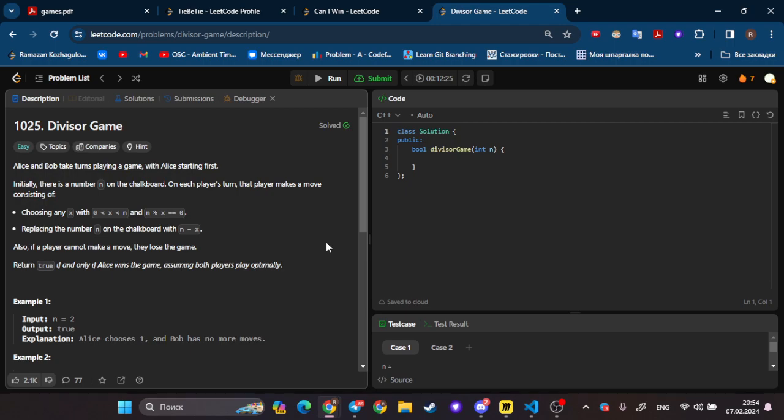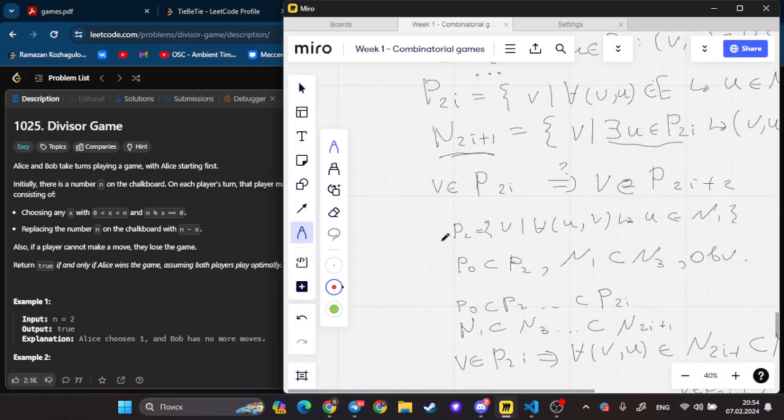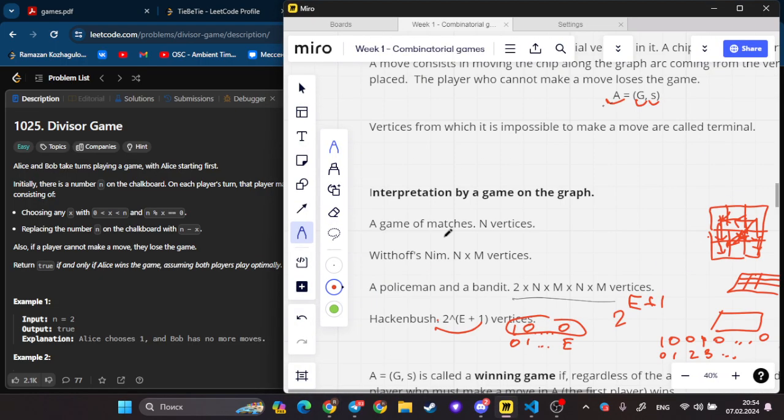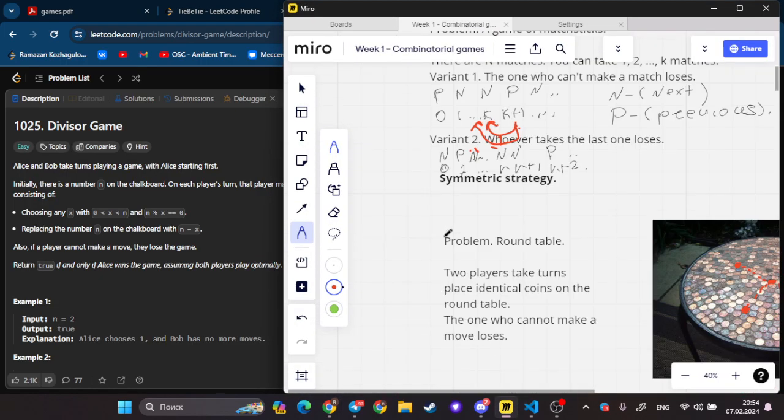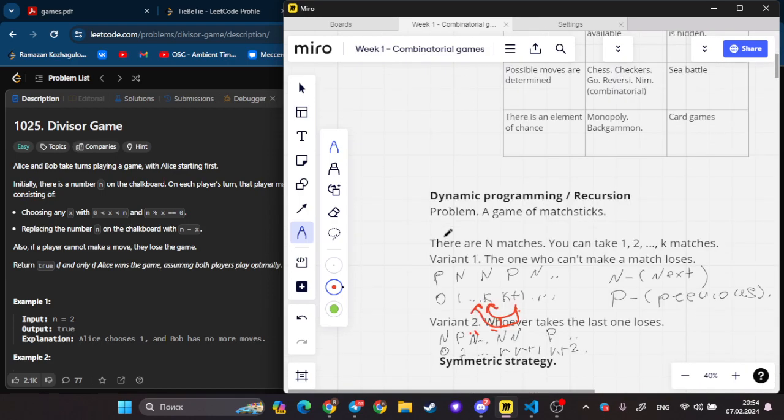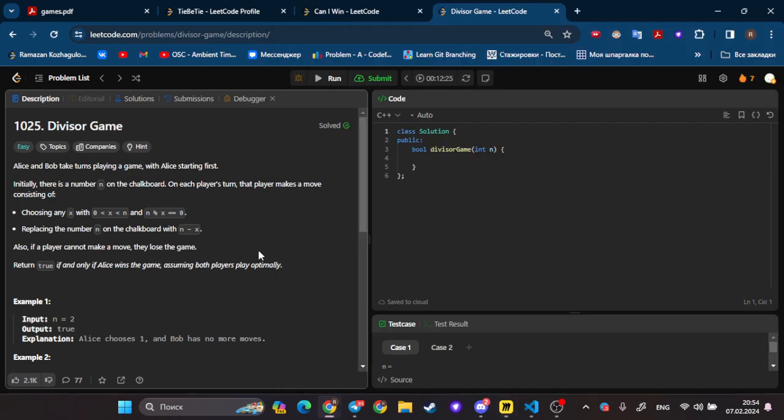Is this similar to the first game we had, the one about matchsticks in recursion and dynamic programming? Yes, it's similar, but there is a little trick, and you must carefully consider the cases.